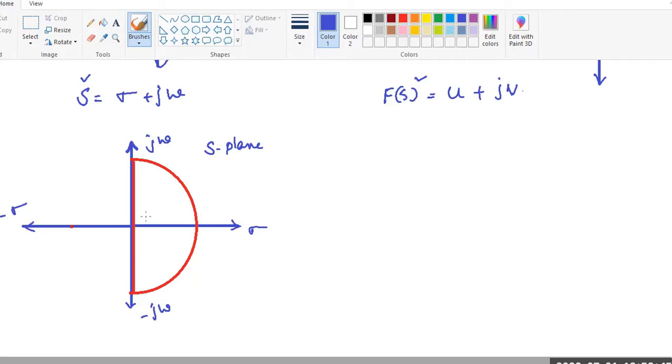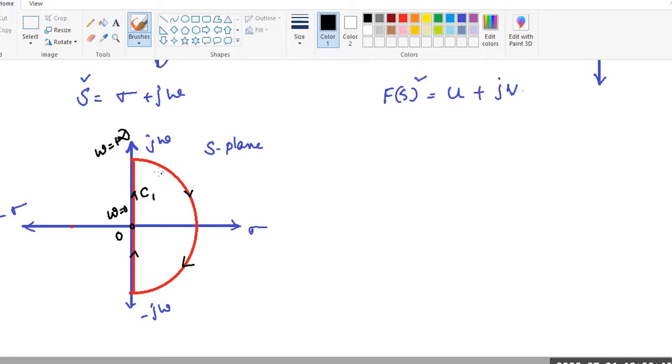See here, there are three sections in this contour. This is one section, this arc is another section, and this one is another section. This section is represented by a letter C1, which is varied from 0 to infinity.